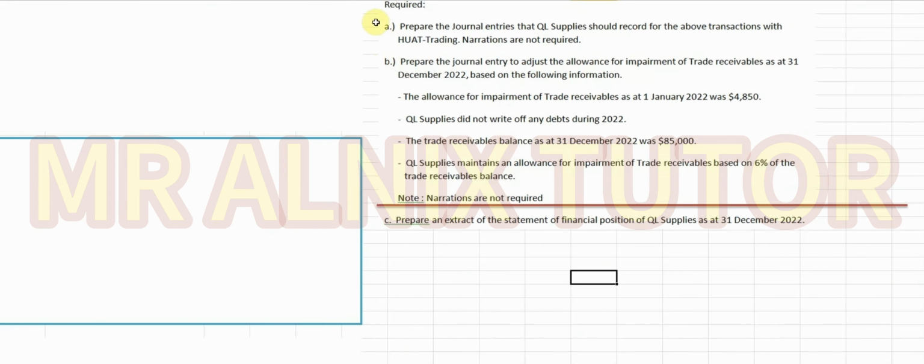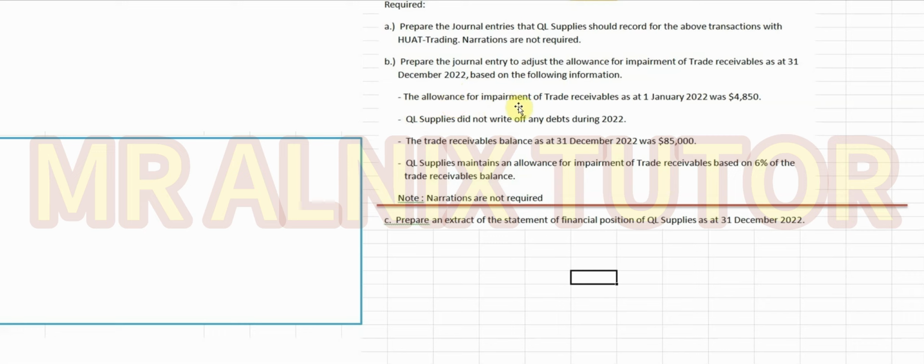Okay, part A done. Prepare the journal entry to adjust the allowance for impairment of trade receivables as at 31st December 2022 based on the following information. Again, they are required to do the journal entry, but following the information given below. Point number 1.